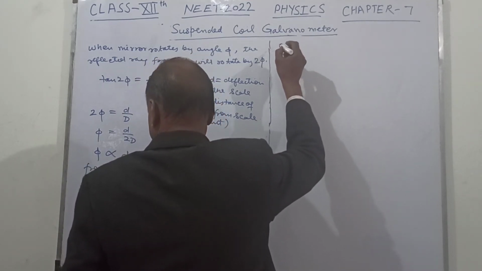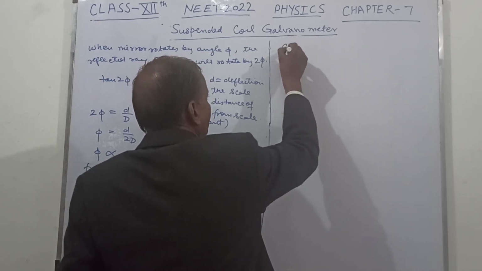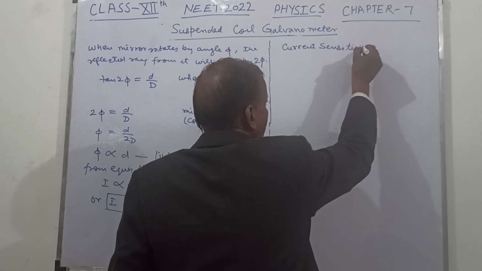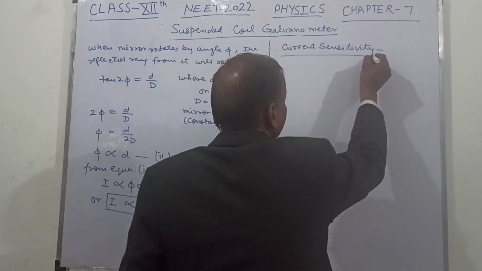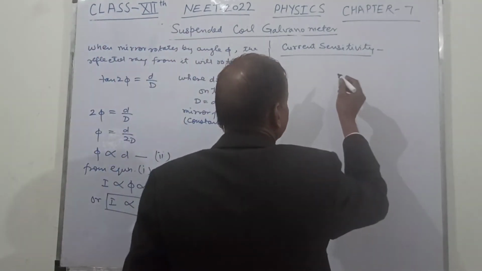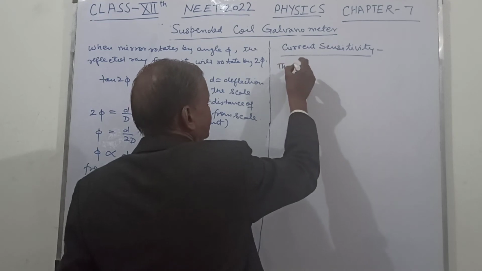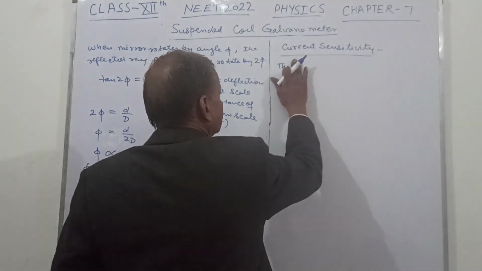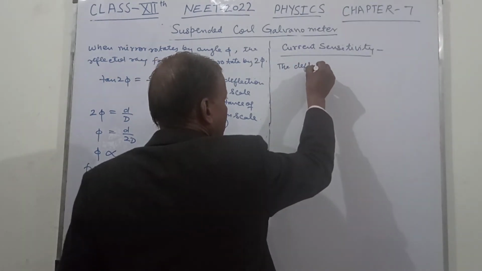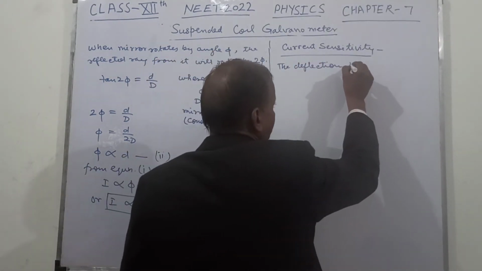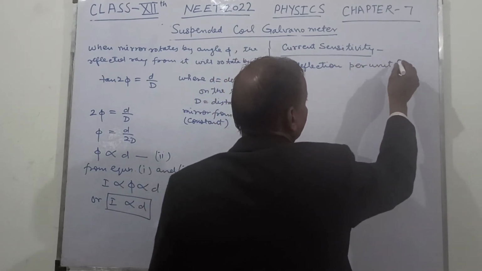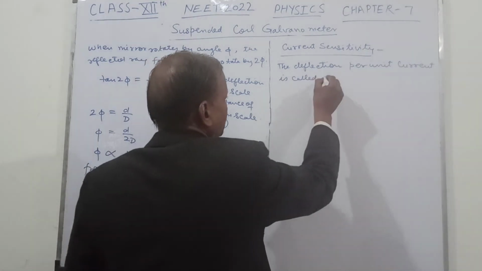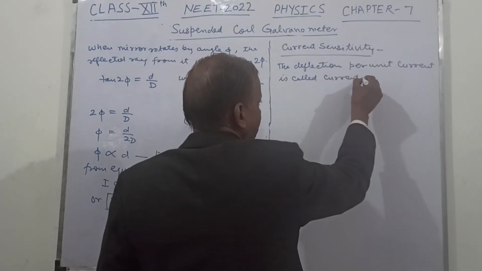The deflection per unit current is called current sensitivity.